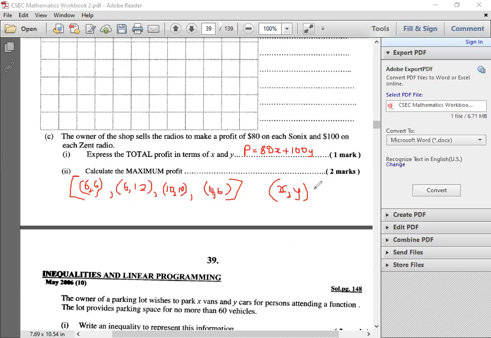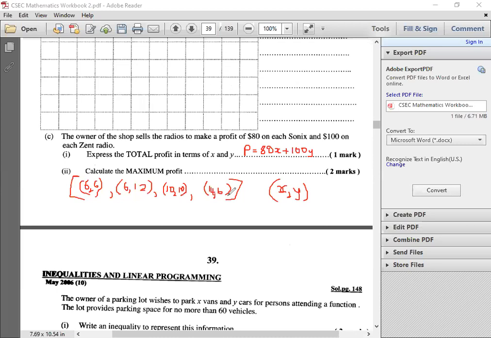You don't have to show the person marking your exam paper all 4 workings. You can do all 4 roughly, and then the one that gives you the maximum value, you write the working for that one on the paper. Make sure when you're answering part 2 of C that you use the unit, and the unit is dollars. Make sure you do that.